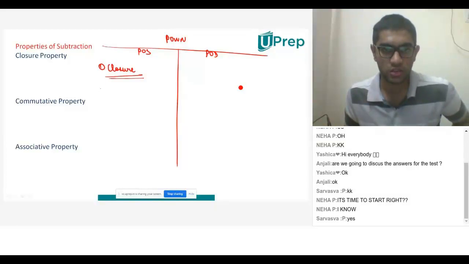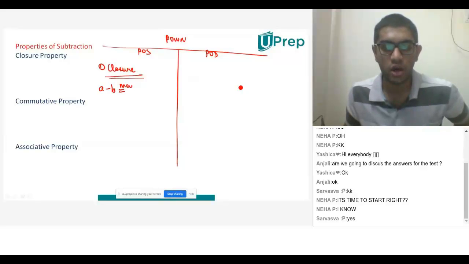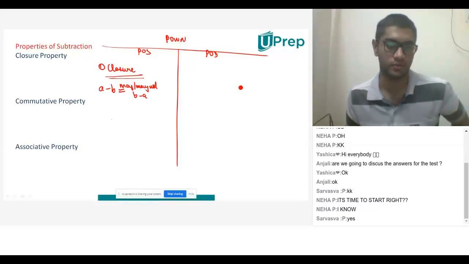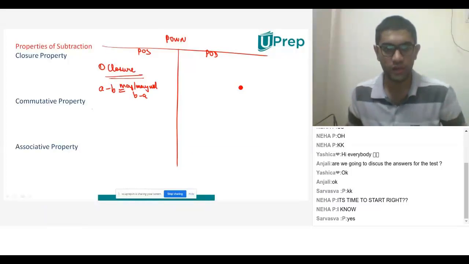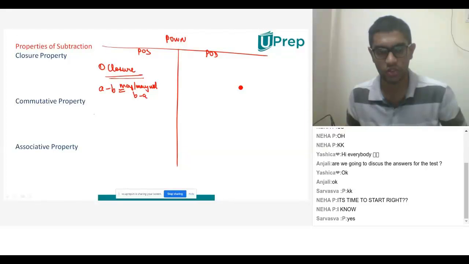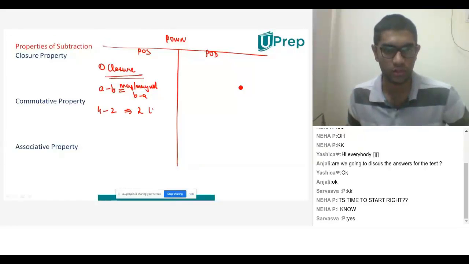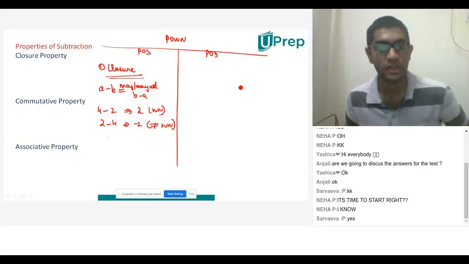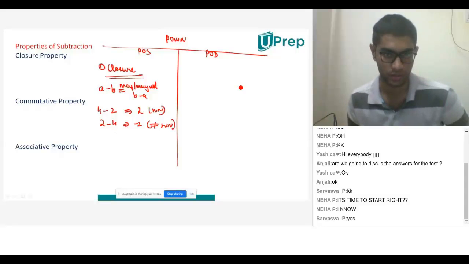The closure property of subtraction says that A minus B may or may not be equal to B minus A. If I have two whole numbers, say 4 and 2, 4 minus 2 gives us 2, which is a whole number. But 2 minus 4 is minus 2, which is not a whole number. So it is not necessary that A minus B is always equal to B minus A.